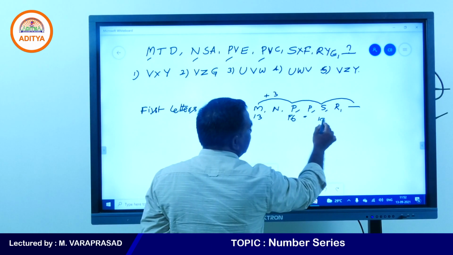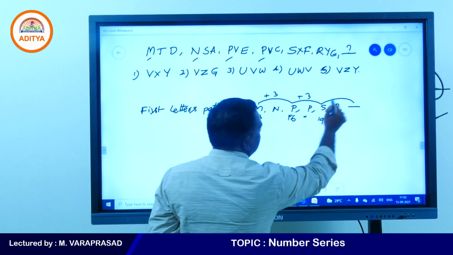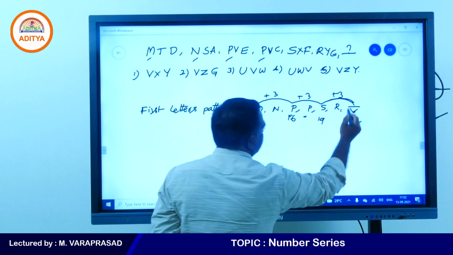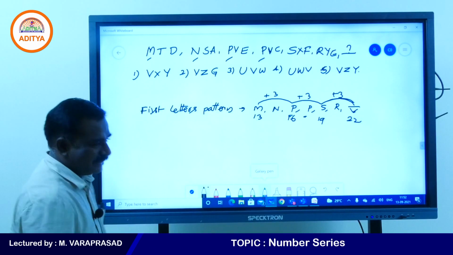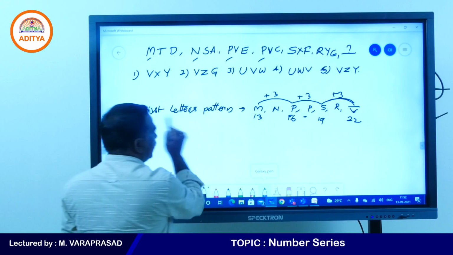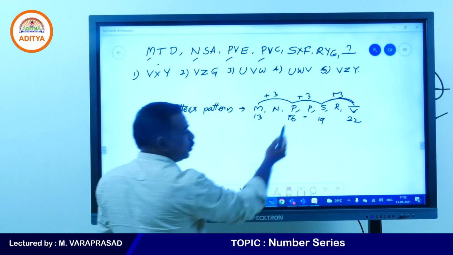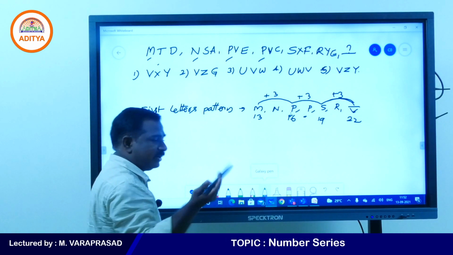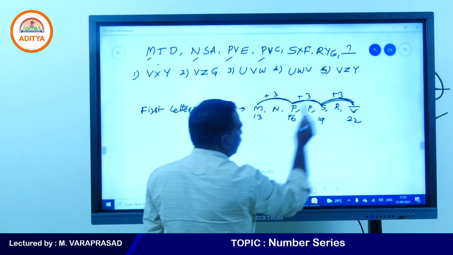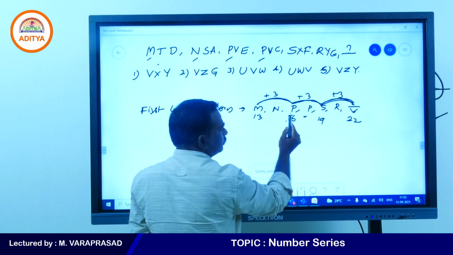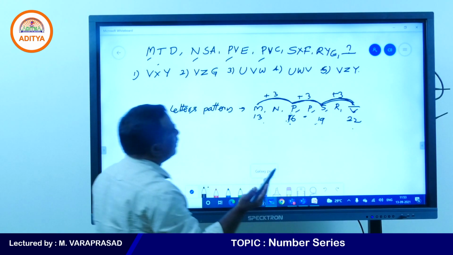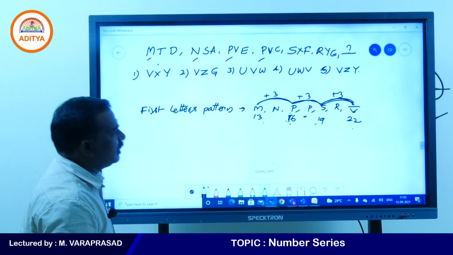So this is 19th letter, plus 3, which means you will get the 22nd letter, so the answer starts from V. Alternate letters M, P, S, so 13, 16, 19, plus 3, plus 3, plus 3. Answer starts from V.